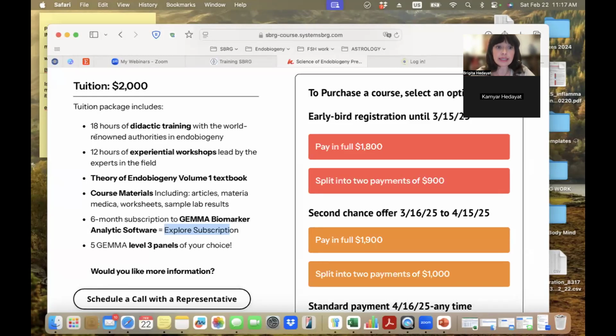Of course, the training workshops come with the tuition, along with the program textbook. I know a lot of you already have Theory of Endobiogeny textbooks that you purchased even 5 years ago when they were first published, but we will provide a PDF for everyone who signs up. It's nice to have a physical copy, but the PDF is very practical and searchable, and that's going to be our main material for this course.